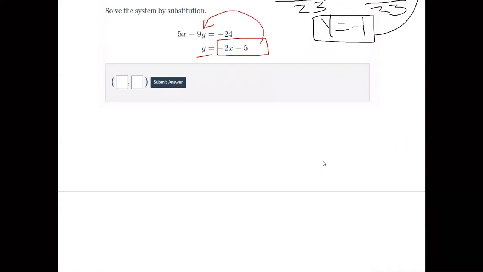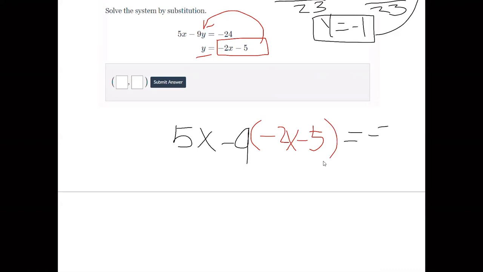We're going to rewrite that top equation, but substitute that in for our y. So we're going to have 5x minus 9, but instead of putting that y, we're going to replace it with that negative 2x minus 5. And then just copy the rest of the equation from the top, so it would be equal to negative 24.